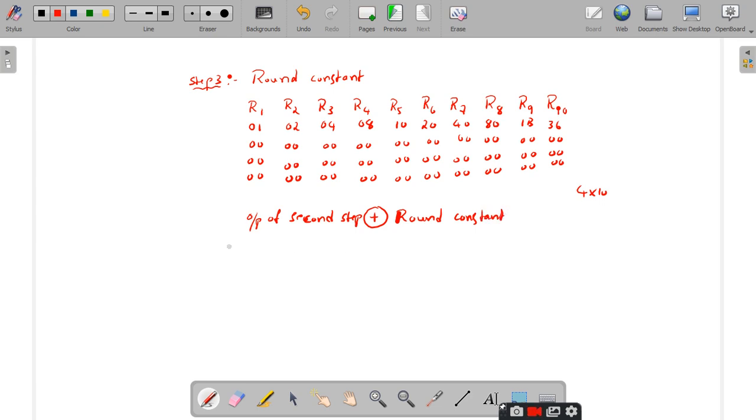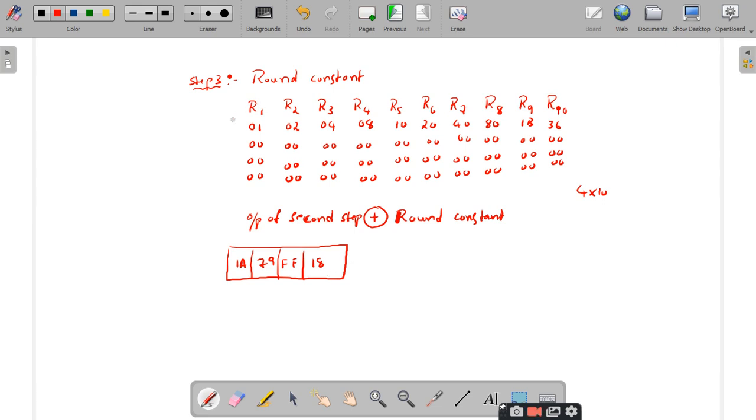Right? So what is the output we got from the second step? 1A 1A 79 79 FF 18, sir. 18, right?